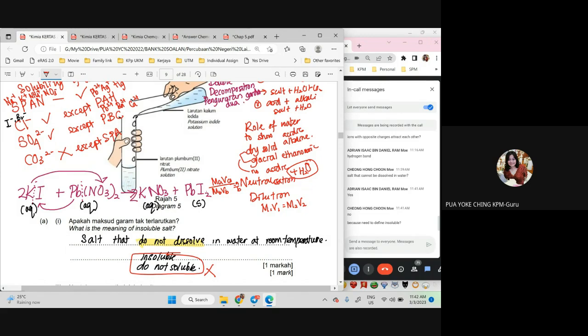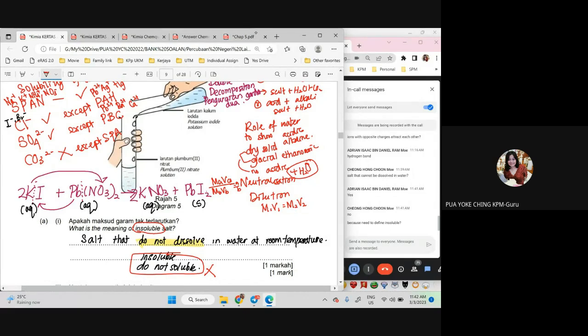Yes, because you need to define insoluble. You sebenarnya kena bagi tahu what is actually insoluble. Insoluble maksudnya tidak larut dalam air. Cuma dalam BM, dia tak berbeza sangat.